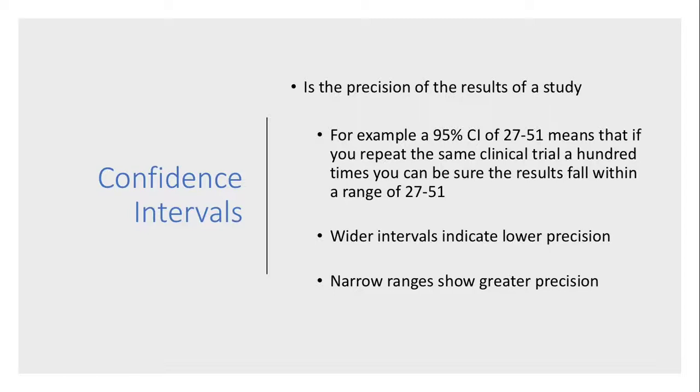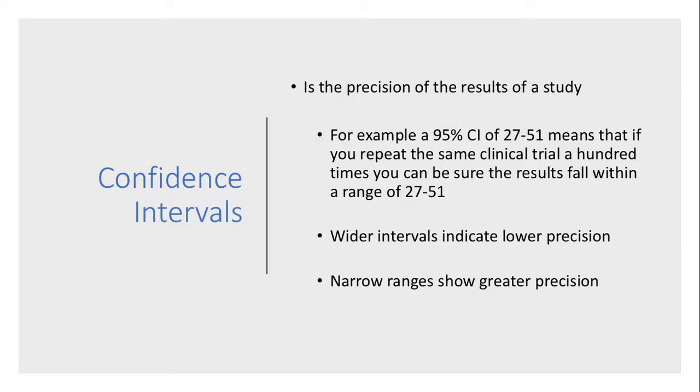Say, for example, you have a 95% confidence interval of 27 to 51. That means that if you repeat that same clinical trial 100 times, you can be sure that the result will fall within that range.